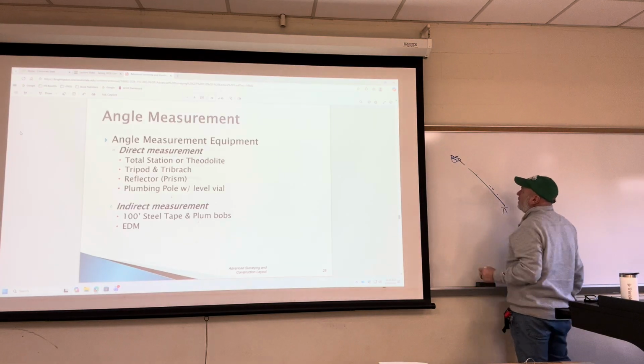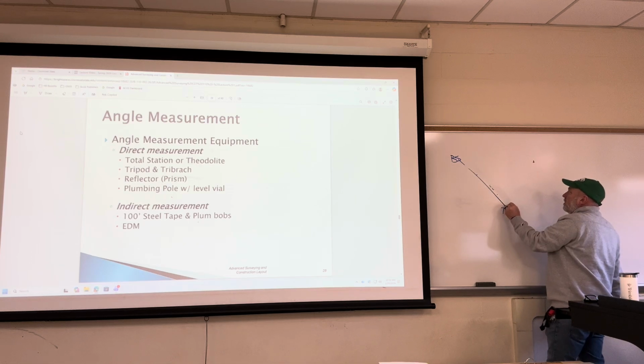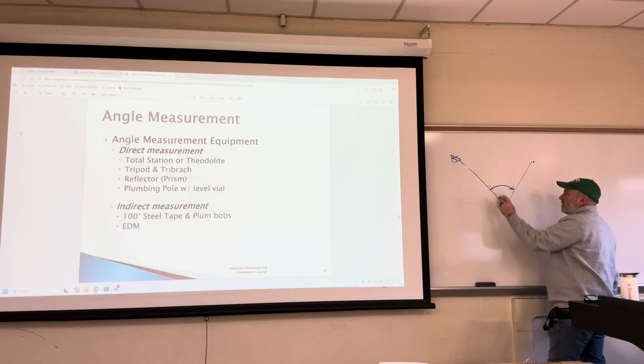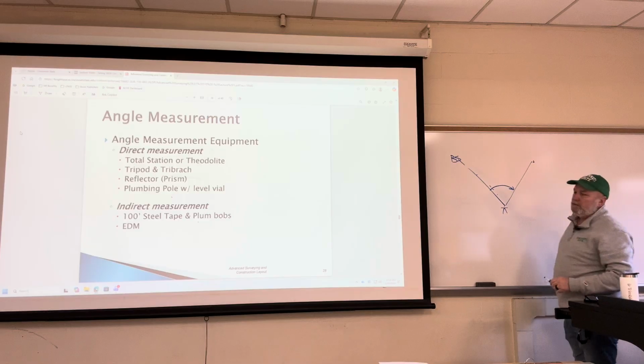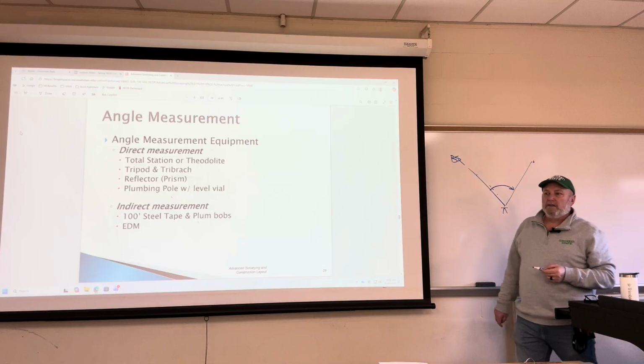You're going to backsight this point and establish a baseline. You have some other point over here. You turn and sight. This is your direct measurement. You start here and measure this value in between the lines. That is a direct measurement of an angle. Does that make sense?